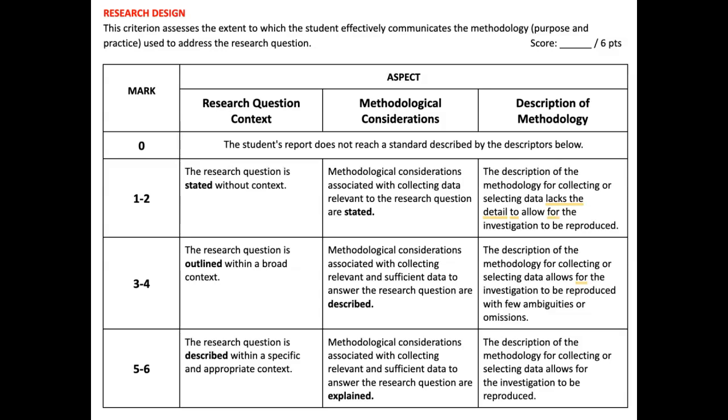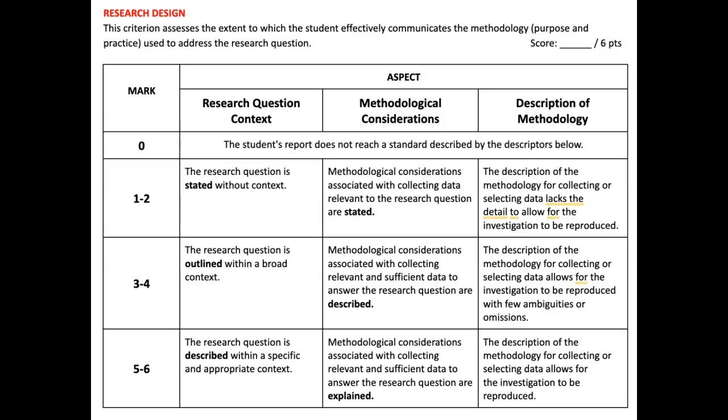So let's say I scored them a 3 for the research question context, and then let's say I scored them a 4 for the methodological considerations, and then a 3 for their actual methods. So then we have 3, 4, 3. I then have to decide, what am I going to score them overall? So again, it's subjective, right? I need to decide, is it more like a 3 or more like a 4?